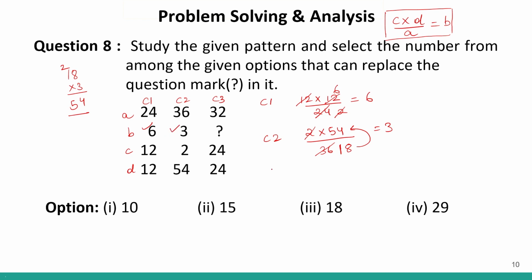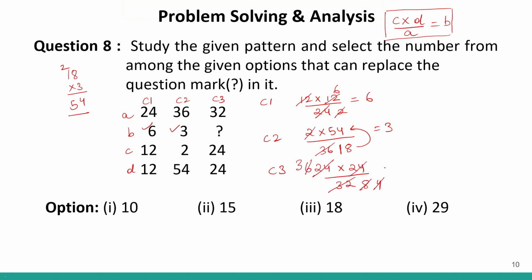Now we'll check for column number 3. So in column number 3, basically we'll have 24 into 24 divided by how much? 32. Correct? So now following, this will be 12 and this will be how much? If you take the table of 8 or 4, 4 8s are 32 and 4 6s are 24. This will be 3, this will be 4.